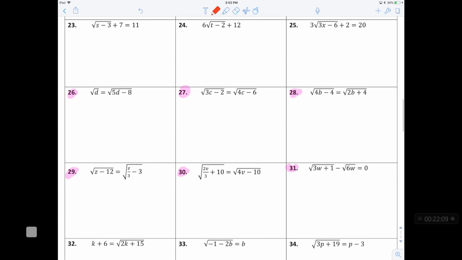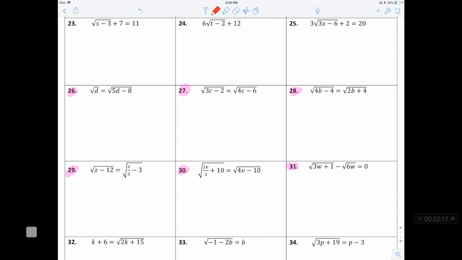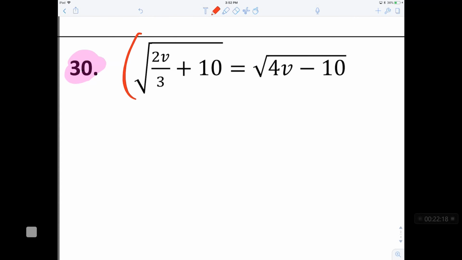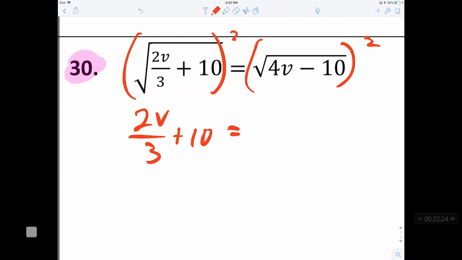So let me maybe pick one with a fraction in, because I'm sure some of you guys would like to see that one done. I'm going to square both sides here. Get 2v over 3 plus 10 is equal to 4v minus 10. And I'm going to solve for v.